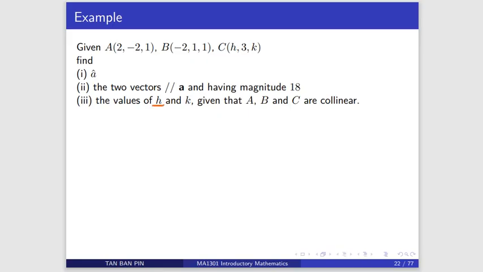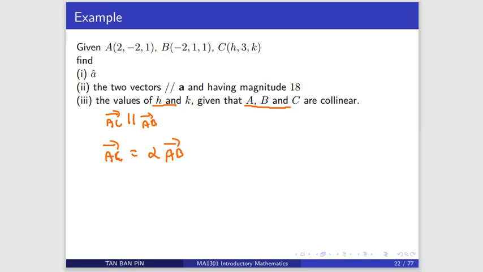So that's what you're going to do to find h and k. Given that A, B, C are collinear, we can say AC is parallel to AB. So we can say vector AC is a multiple of vector AB.